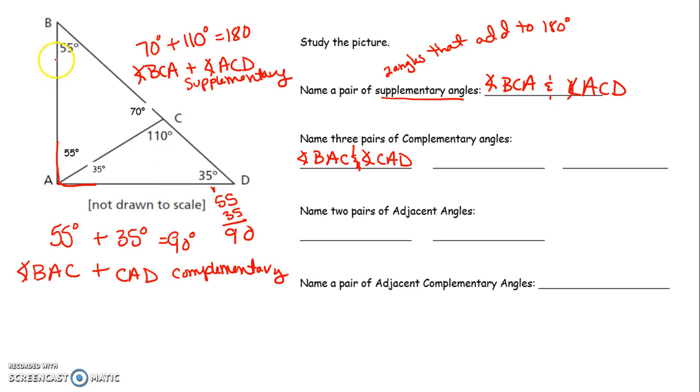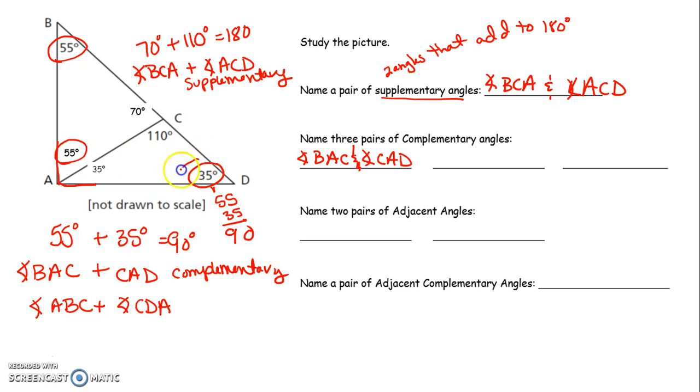Well, really, now I can name any 55 with 35. So I also see that angle A to B to C and angle C to D to A must also be complementary. Let's find another pair. Any 55 with any 35.